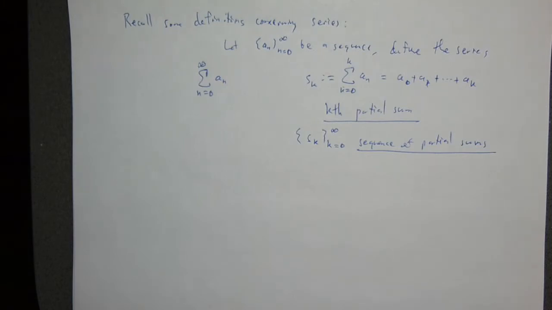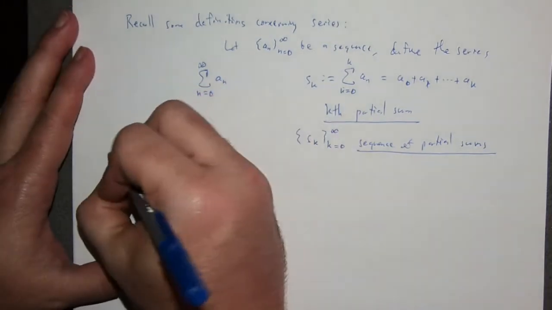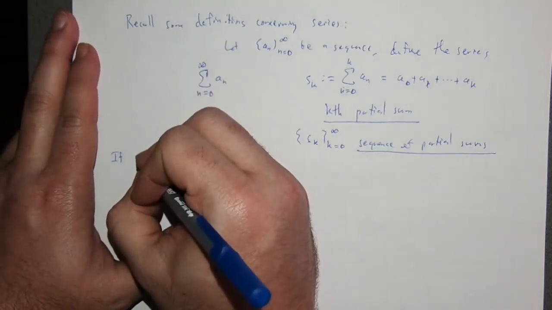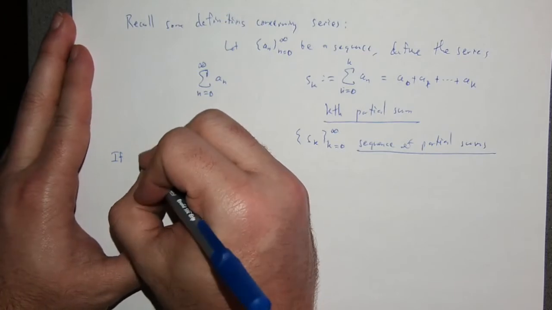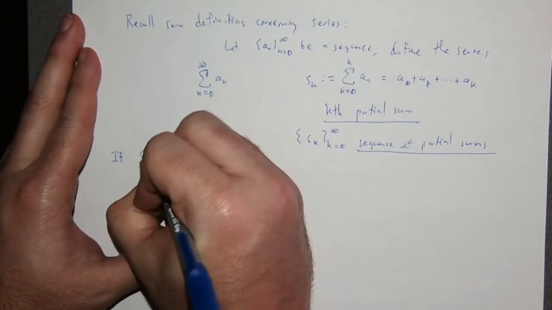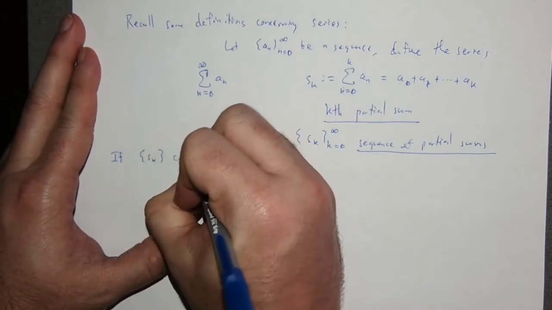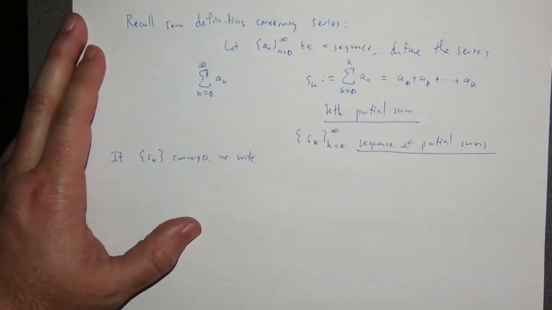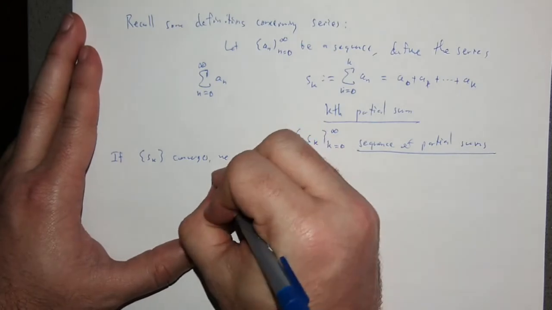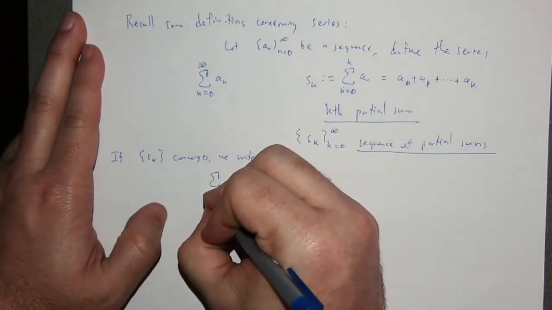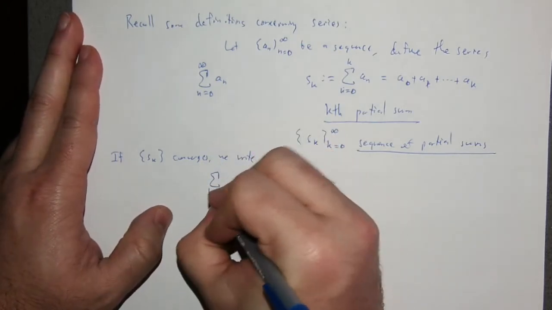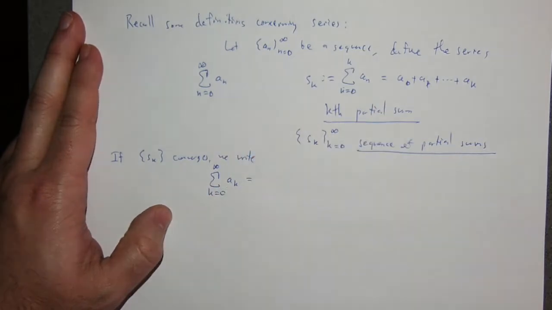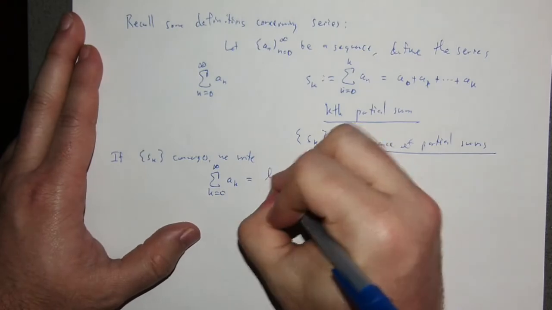So you're familiar with that terminology. So if this sequence converges, we write that the sum from, say, k equals 0 to infinity of a sub k is equal to this limit.